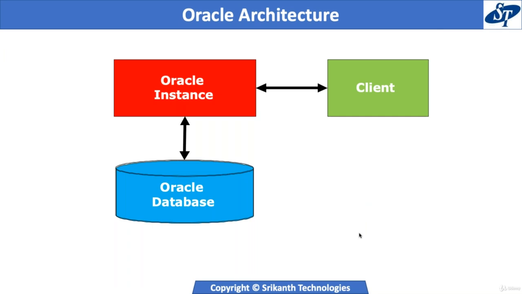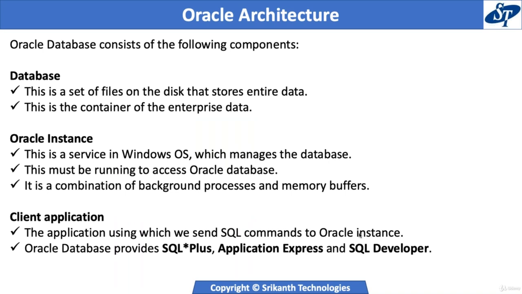So in this course, we use something like SQL Developer, and that is communicating with Oracle instance, and then Oracle instance is talking to Oracle database. If you go back, database is the set of files that is storing the data. Instance is, if you take Windows, it runs like a service. It must be running if you want to access database, and it's a combination of background processes and memory structures.